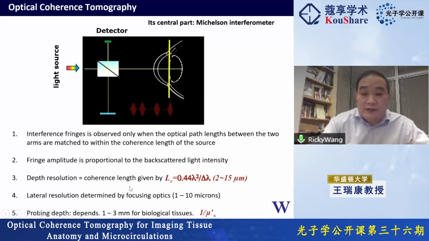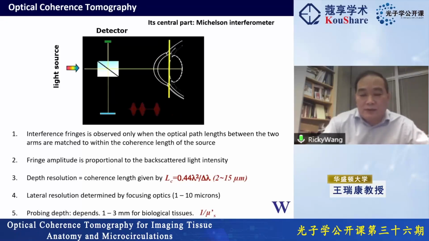This resolution is governed by the light source you are using, and this is the equation for it. This is the axial resolution, where lambda is the central wavelength of the light source and delta lambda is the bandwidth of the light source. From this equation, we can see that the axial resolution is inversely proportional to the bandwidth of the light source.